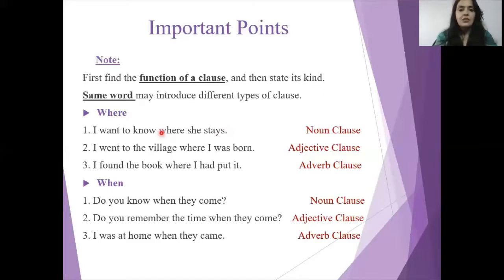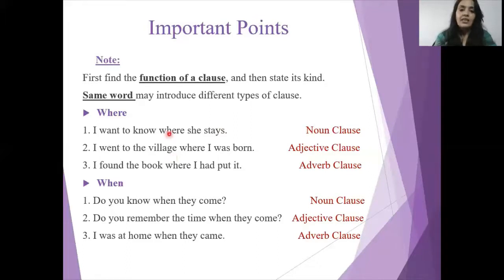So where she stays is a dependent clause, or you can say subordinate clause, and the first half, I want to know, is the principal clause. Now the first rule, we will try to ask the question to the verb. I want to know. What do you want to know? Yes, and the answer is where she stays. Absolutely correct. This is a noun clause.